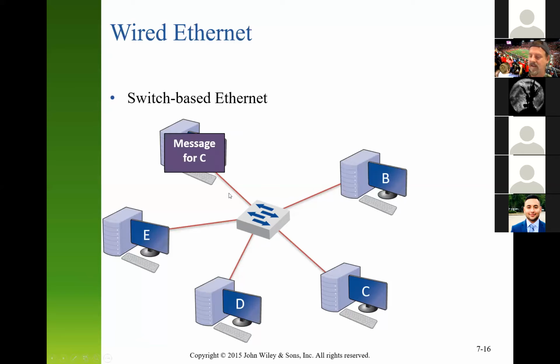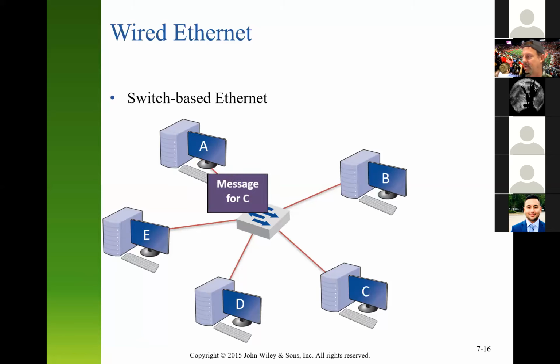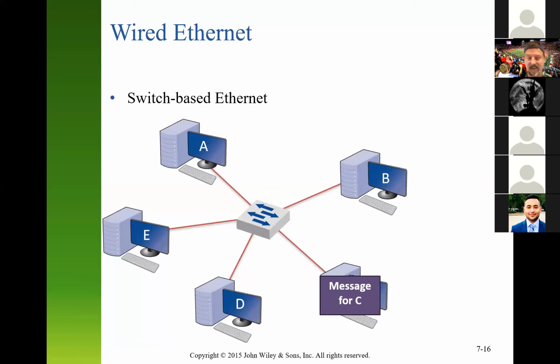Code says, hey, if you get a frame, if computer A with a certain MAC address created a message with the destination address which has been associated with computer C, and the way that association happens, by the way, is this device learns where everybody is. It's going to only send that message to computer C and not send it to everybody else. So 1, the security is there.